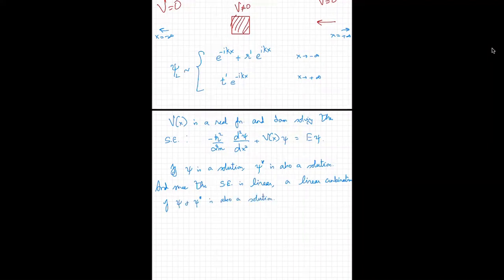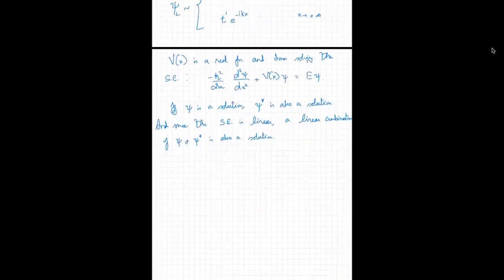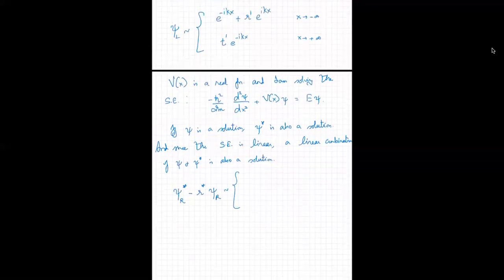So specifically, I will claim that if psi r is a solution, then I can also form the combination psi r star minus r star psi r. This is a linear combination of psi r star and psi r, which is of course a solution of the Schrodinger equation. So let me understand what the form of this particular linear combination looks like in the x equals minus infinity and plus infinity regions.